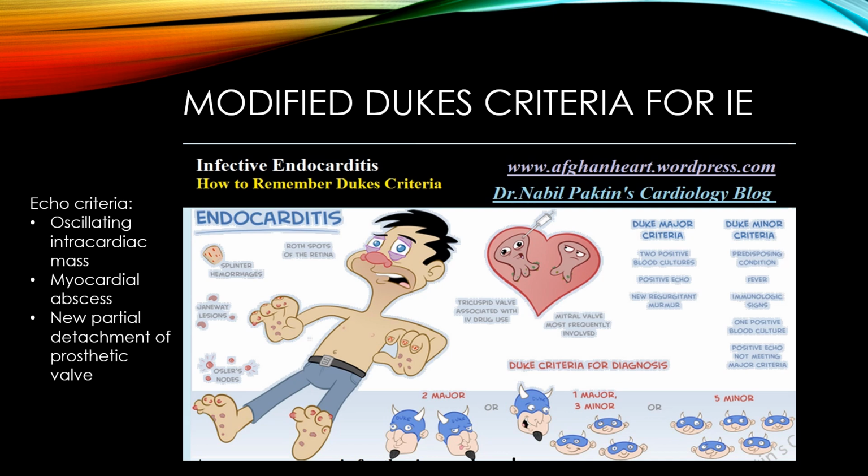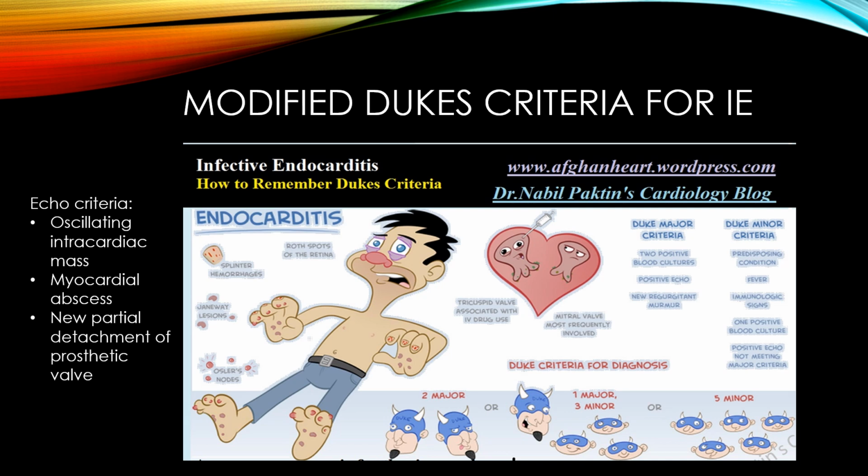The minor criteria are any kind of predisposing condition. So somebody who has a congenital heart disease, which puts them at risk for endocarditis, particularly the cyanotic heart diseases, any type of prosthetic valve replacement is a predisposing condition, or any type of prosthesis that's been used in the heart, even for congenital heart disease, for example.